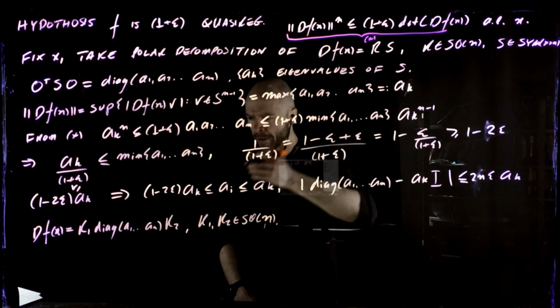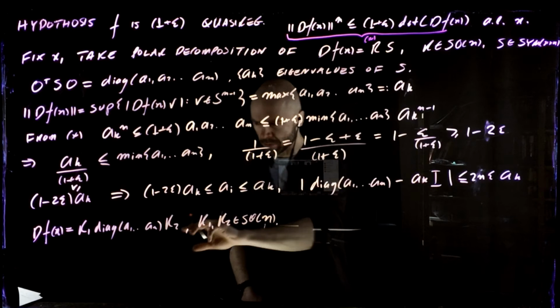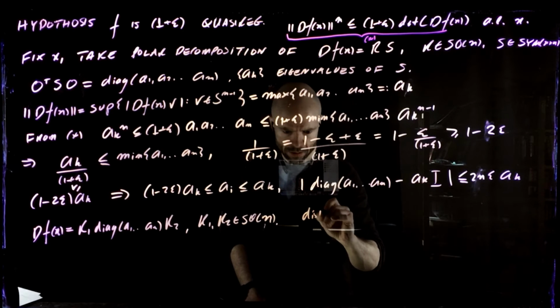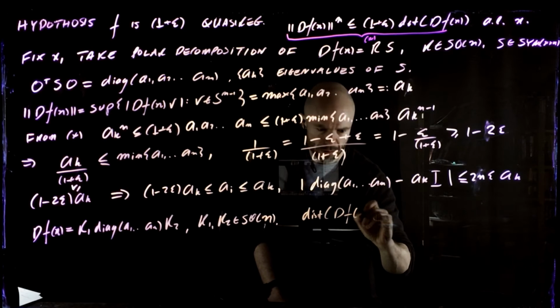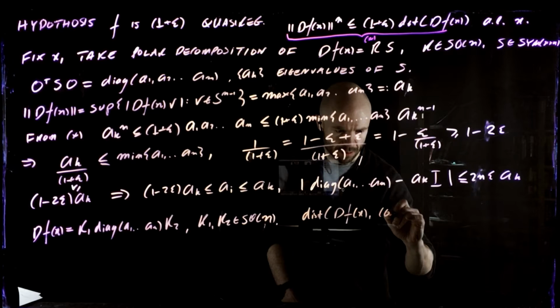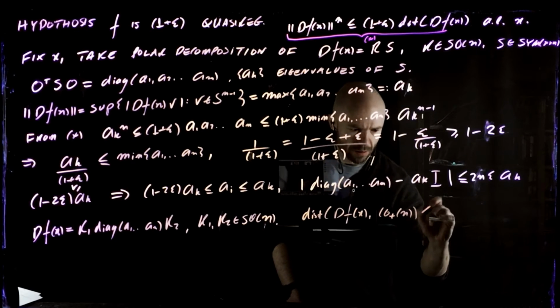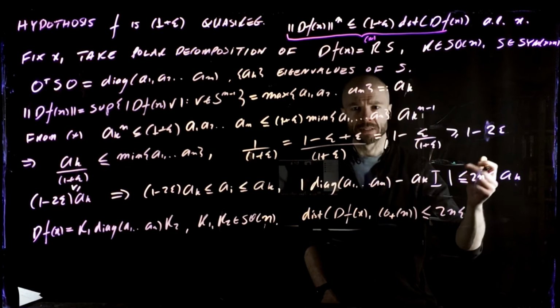So from this and from that, it's clear that the distance of the gradient away from just conformal matrices is less than 2n epsilon times the highest eigenvalue.